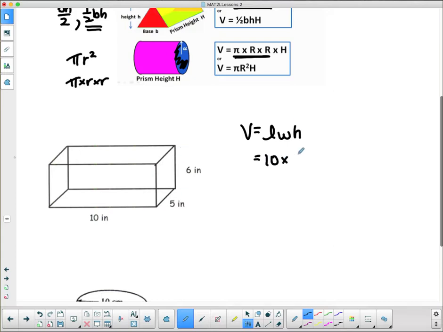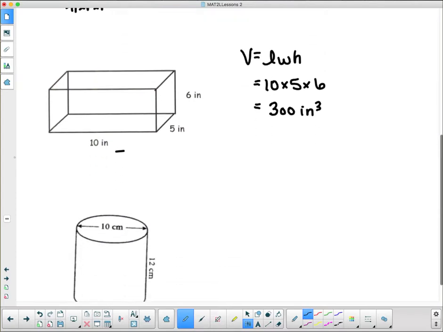And we can multiply that in any order we want. 10 times 5 is 50, and then times 6 gives us 300. Now remember that since this is a three-dimensional object, our units have to be three-dimensional as well, so we have to give it a cubed on our unit, so we've got cubic inches, or inches cubed.